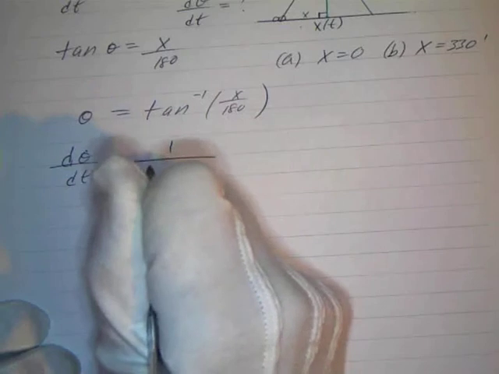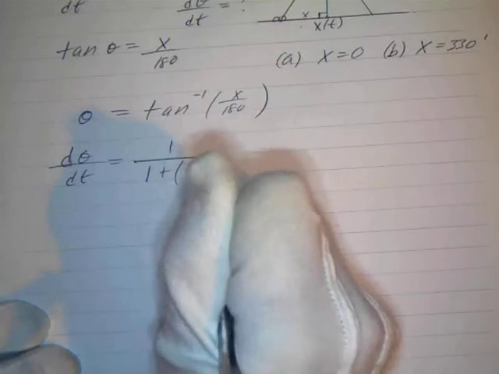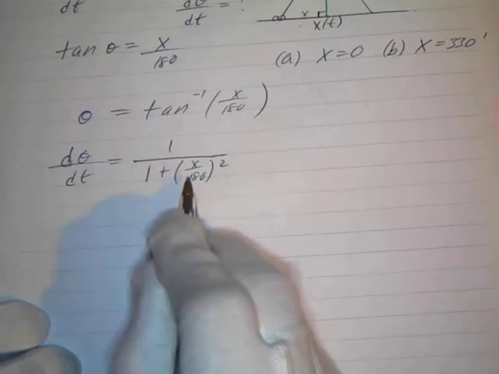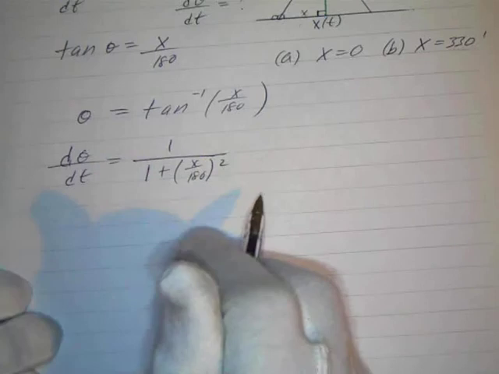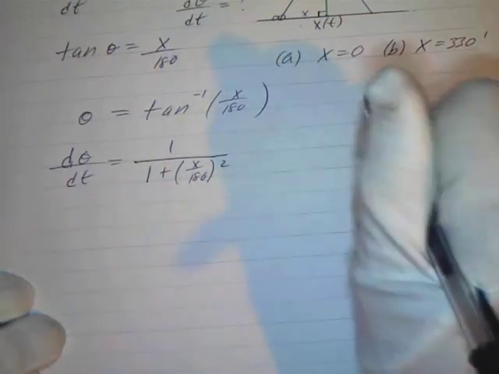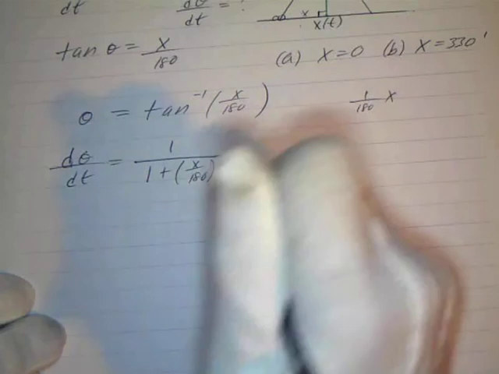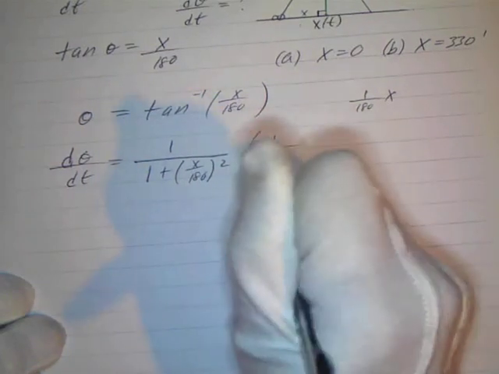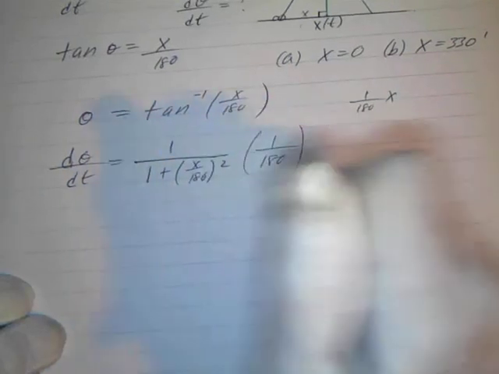This is going to be 1 over 1 plus x over 180 squared. And then this is a function, so we have to take the derivative of it. The derivative of x over 180 is really like 1 over 180 times x, and the derivative of that would just be 1 over 180. And then we have to take the derivative of x, so that would be dx dt.